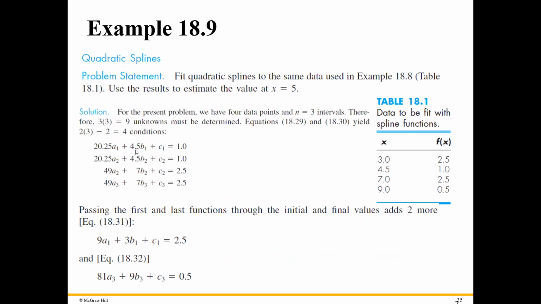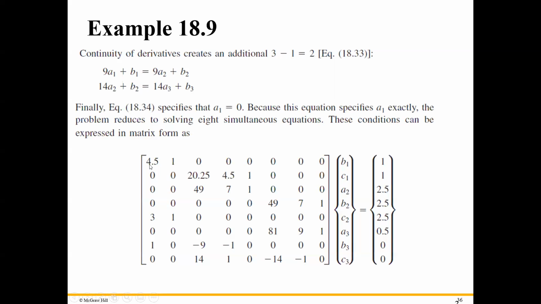So it will be 4.5 B1, and then 1 C1, and then 0, 0, 0, and then 1. Here we have written it like this: 4.5, 1. These correspond to B1 and C1, and of course A2, B2, C2 are all 0 for this first row. And then we get these coefficients.